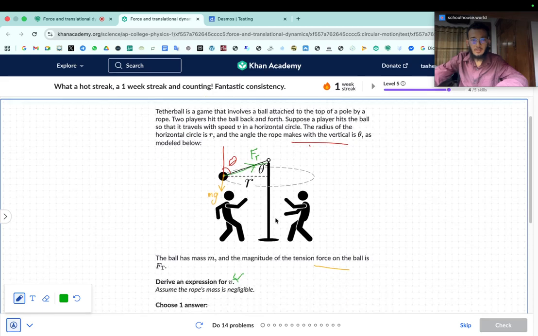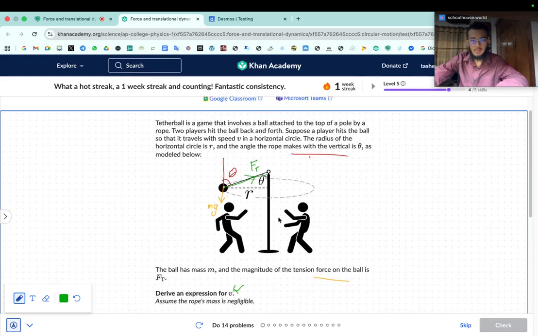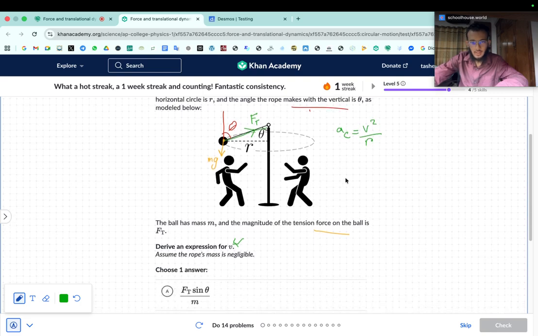In circular motion, we know that the centripetal acceleration is equal to v squared over r, and F equals ma, Newton's second law. If you plug in a here, we get the centripetal force equals mv squared divided by r.